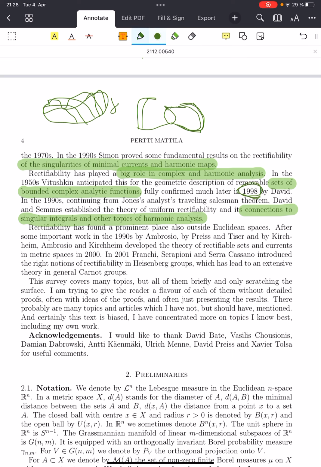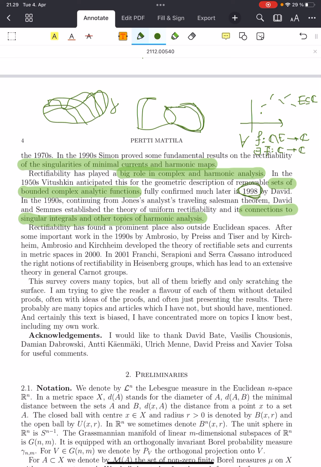So what David proved was giving an if and only if condition for when a set is removable for bounded analytic functions. And a set is removable, so E is a subset of the complex plane, we say it's removable for bounded analytic functions if for every function that is analytic and bounded on the complement of E, there exists an extension from all of C to C that is also analytic.